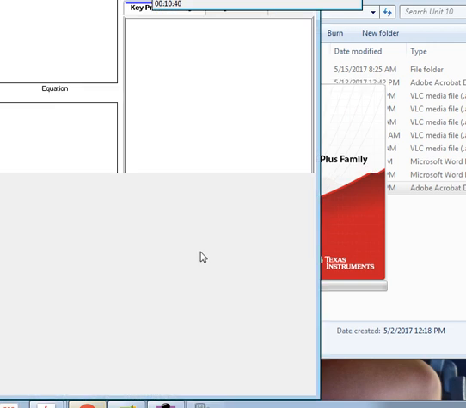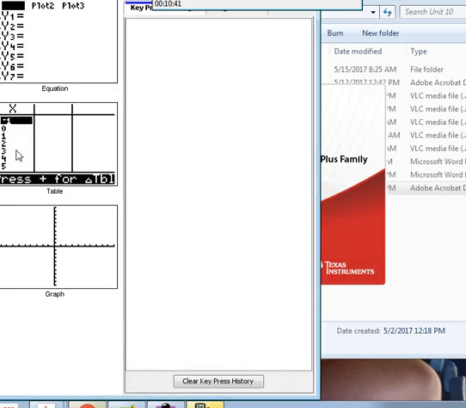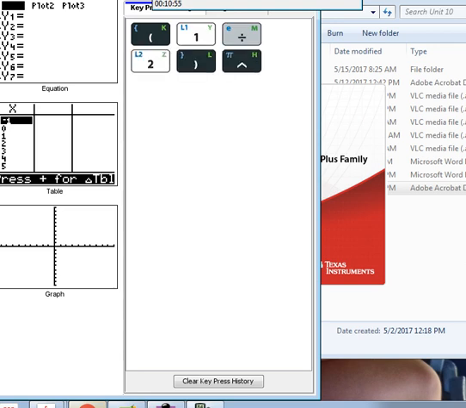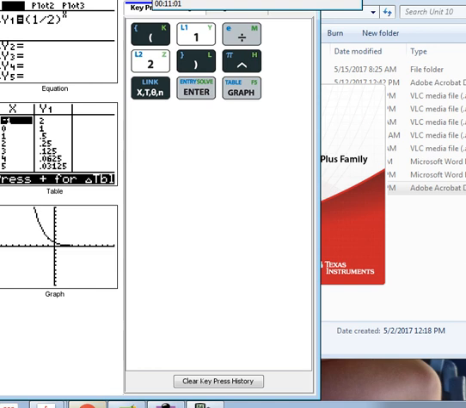So the first one is going to be y equals 1/2 raised to the x. And then I'll go to graph.